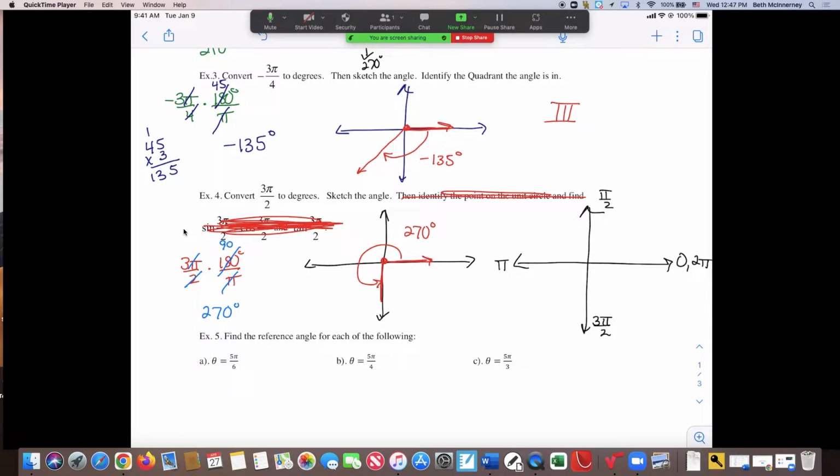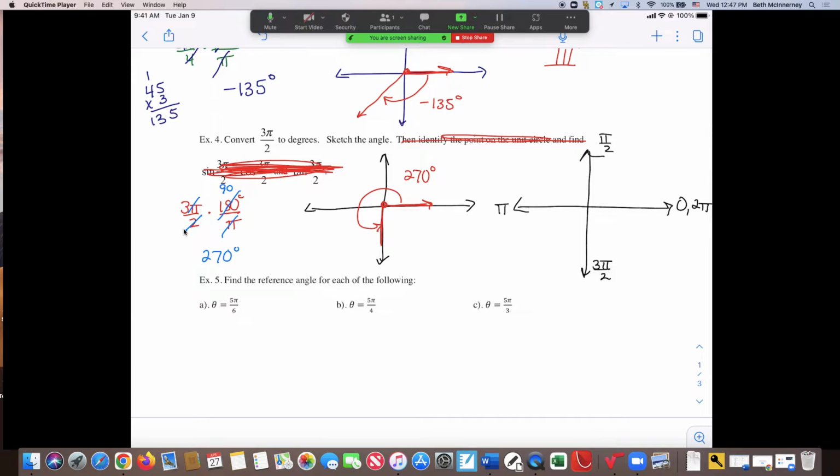So now let's look at example 5. It says I want to find the reference angle. So something I need to tell you is if the angle is in radians and you're asked for the reference angle, it must be in radians. If you have to go put it in degrees to go find it, then you have to put that reference angle back into radians. That's the long way to do it.